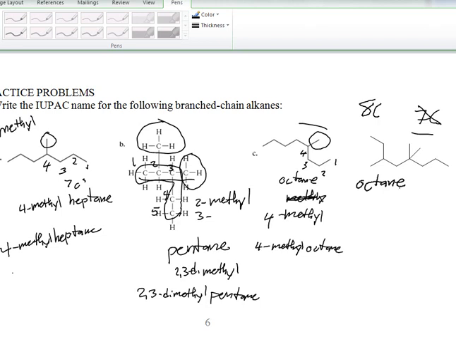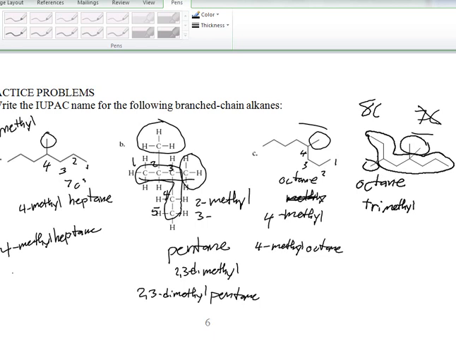Now we need to identify the substituents. We have 2 methyl groups, 3 methyl groups, right? Because remember, this is the main chain here. Sometimes it helps to outline the main chain. So in fact, we have trimethyl as the substituents, because we have 3 methyl groups. We need to identify where they are.